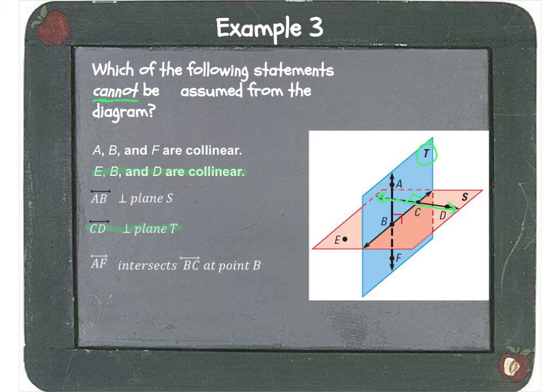And then lastly, AF intersects BC at point B. So let's find those two lines. So we've got AF, that's this line right here, intersects BC, that's this line right here, at point B. Absolutely, that one works, so we are not going to highlight it, okay?